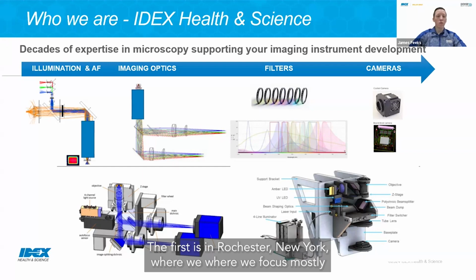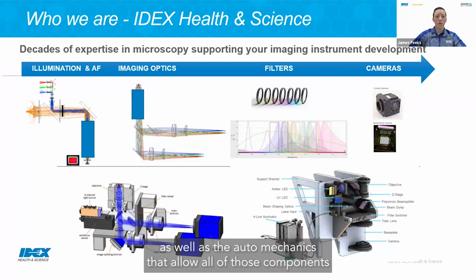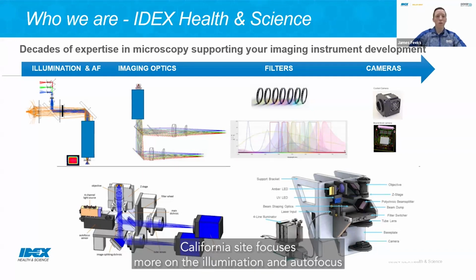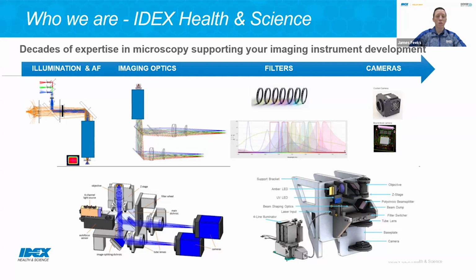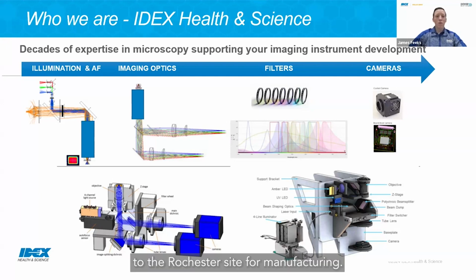The first is in Rochester, New York, where we focus mostly on our design and build of imaging optics and filters, as well as the optomechanics that allow all of those components to go into a microscope. Our Carlsbad, California site focuses more on the illumination and autofocus side of things with the design and prototyping of those submodules. And then all of that work is then transferred to the Rochester site for manufacturing.